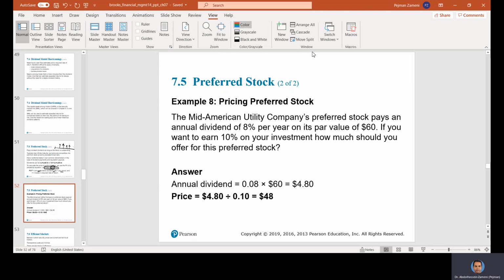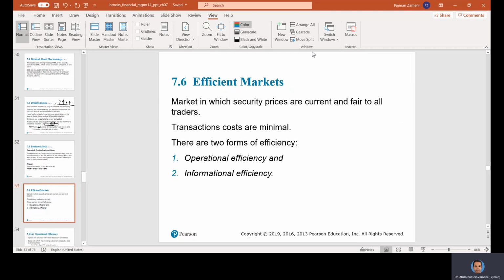Okay, the calculation finishes here. Then we're going to go to the concept of efficient markets. An efficient market has two or sometimes three forms: operational efficiency, informational efficiency, or sometimes the third category, transactional efficiency.